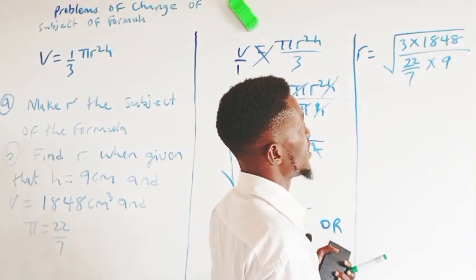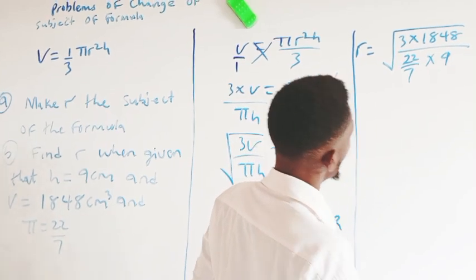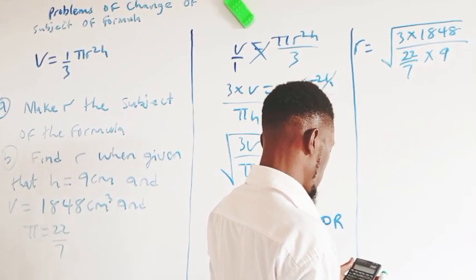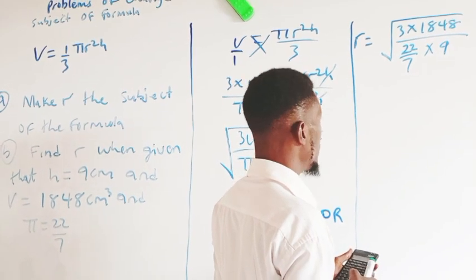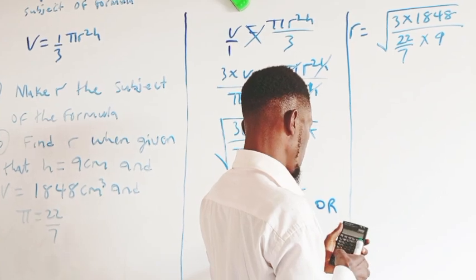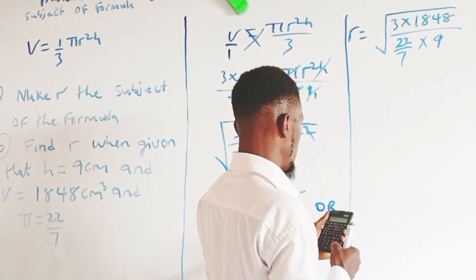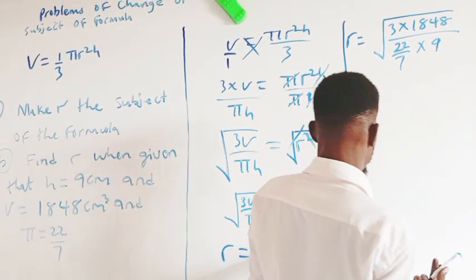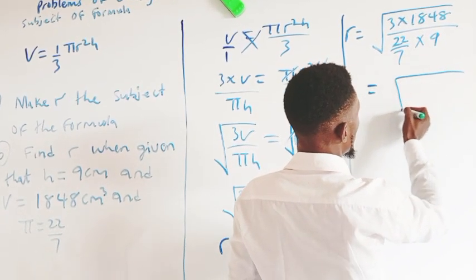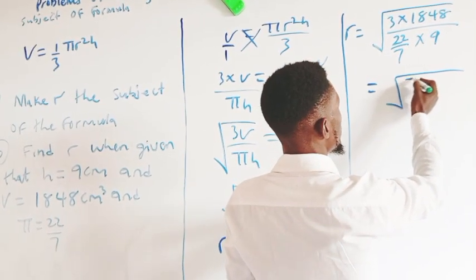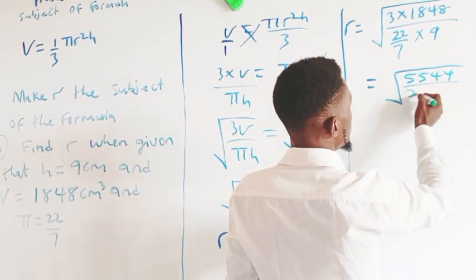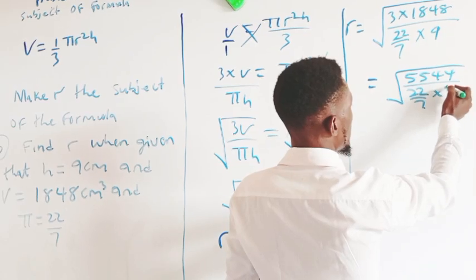Let's work with our numerator. 3 times 1848 gives 5544. So we have the root of 5544 over 22/7 times 9/1.